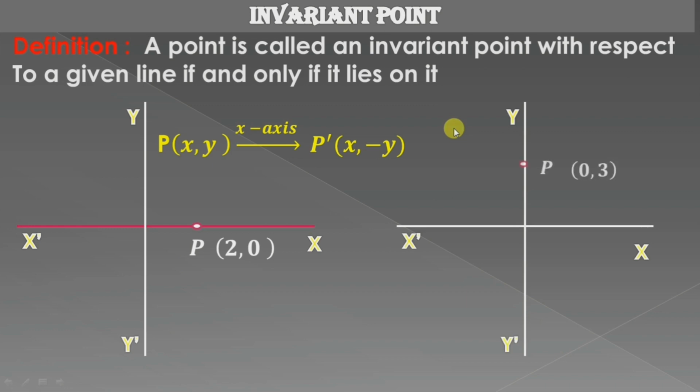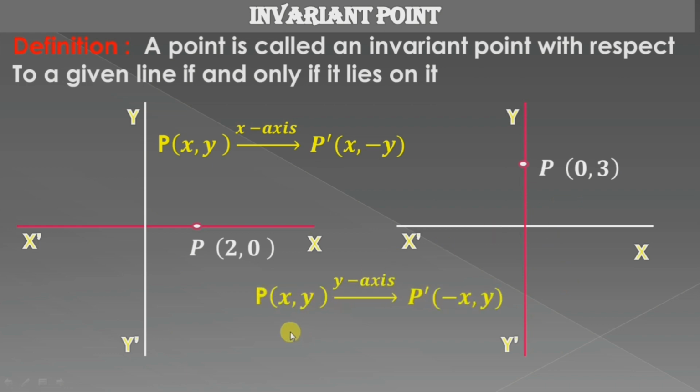Similarly, if you take any point whose coordinates are 0, 3 and is reflected through the y-axis, according to this, any point when reflected through the y-axis, the coordinates of its image P prime are minus x, y. So here 0 becomes 0, y 3 becomes 3.